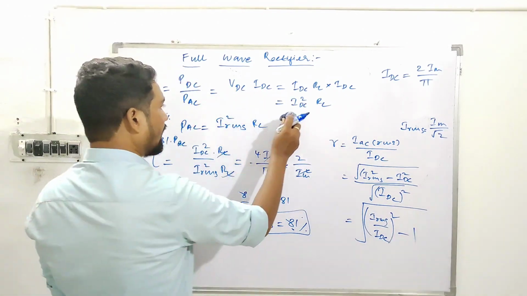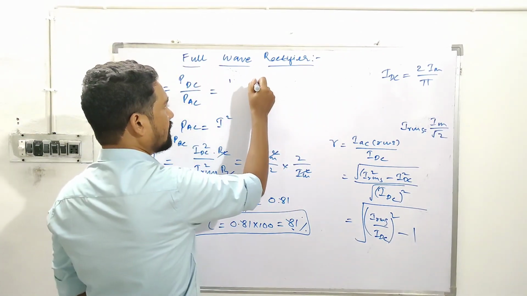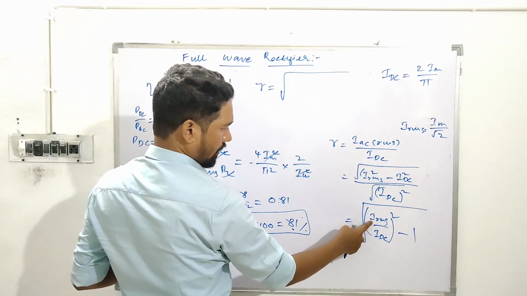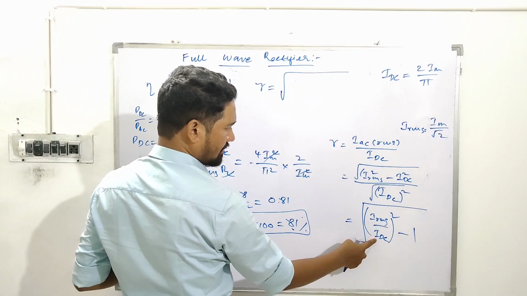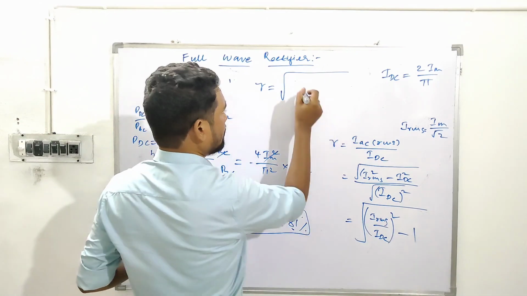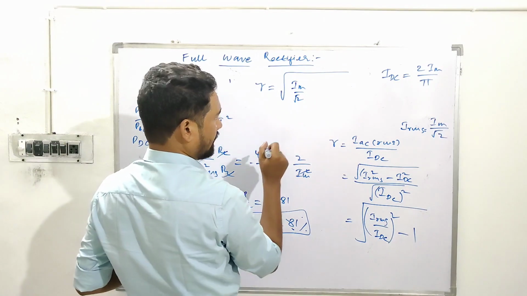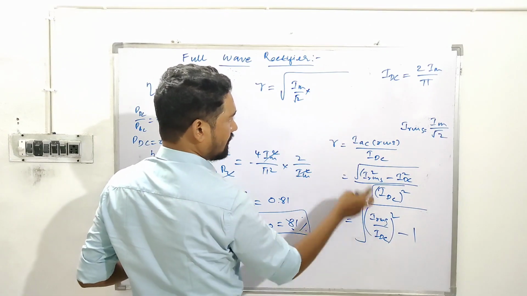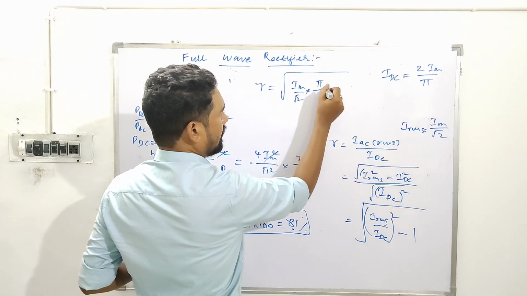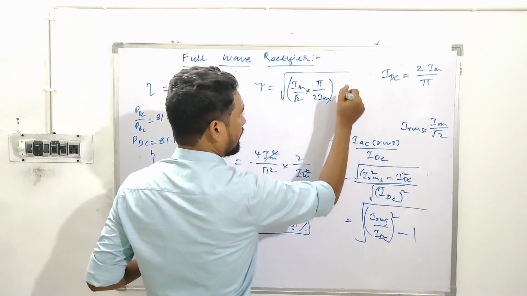After plugging in the values of IDC and IRMS, IRMS is Im by root 2, into IDC, which flips, so pi by 2Im whole squared, minus 1.